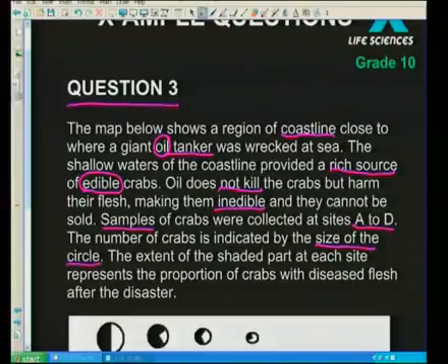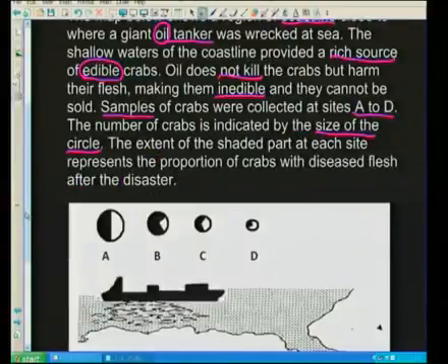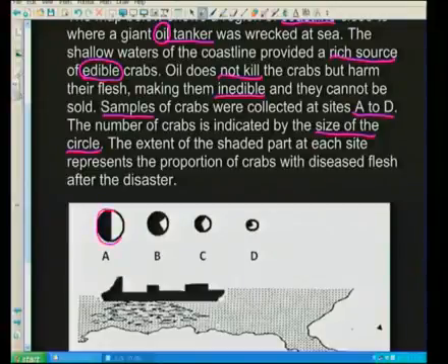I'm just quickly going to move down to this diagram so you can see the size of the circle. Right, so there's a big circle and the smaller circle, and it gets smaller and smaller. Now, while you're reading that, you can actually write onto your diagram, as I'm going to do there, that this is the number of crabs.